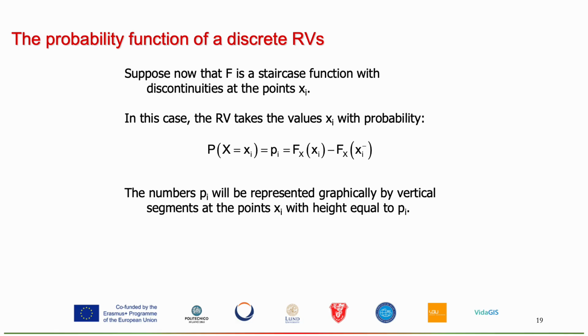In this case, the random variable takes the value xi with a probability P(X = xi) equal to F(xi) minus F(xi minus), as we have defined before. The number pi will be represented graphically by vertical segments at the point xi with height proportional to pi.